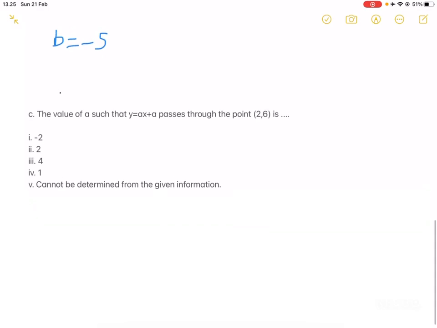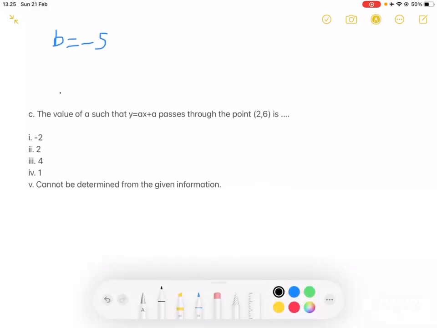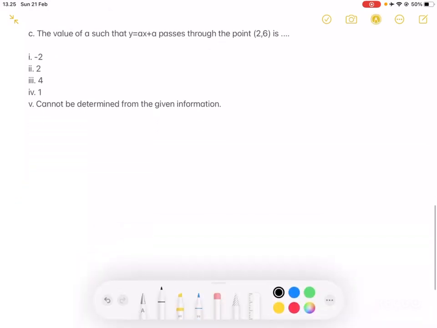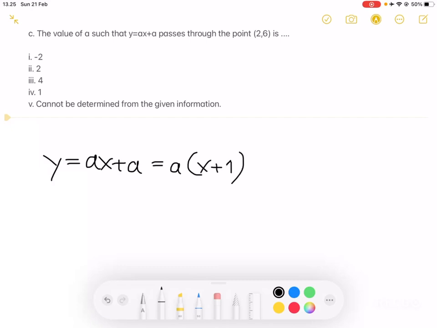Alright, for the final multiple choice question, we need the value of a such that y equals ax plus a passes through the point (2, 6), given those choices right there. To solve this is pretty simple. Notice that y equals ax plus a can be factored. We can just factor out an a from this. We have a multiplied by the brackets x plus 1.